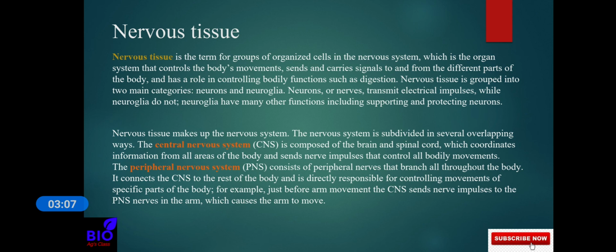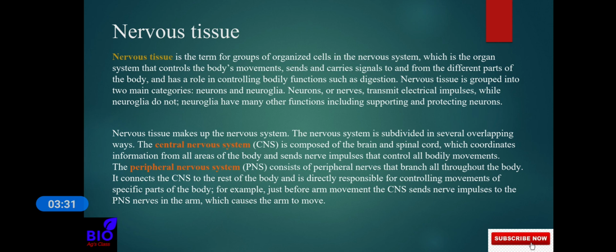The peripheral nervous system consists of peripheral nerves that branch all throughout the body. It connects the CNS to the rest of the body and is directly responsible for controlling movements of specific parts of the body.